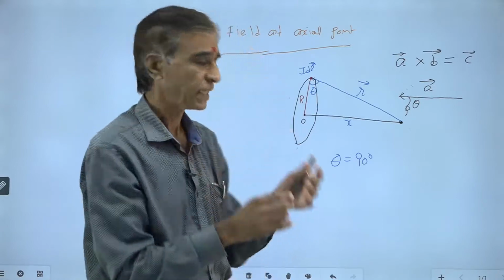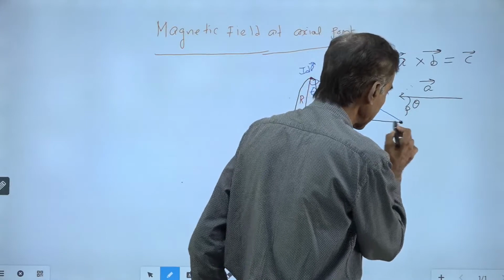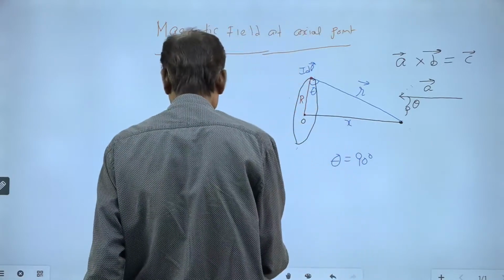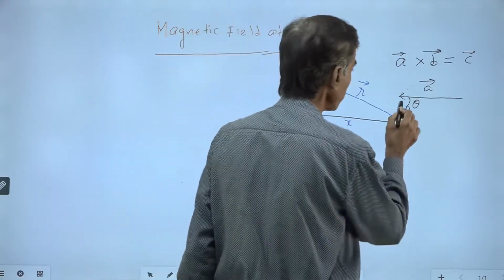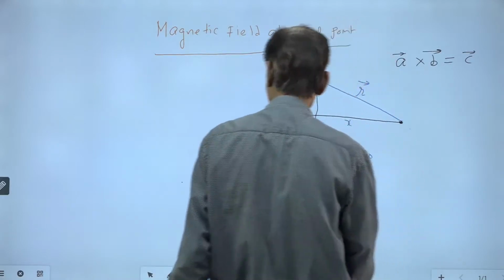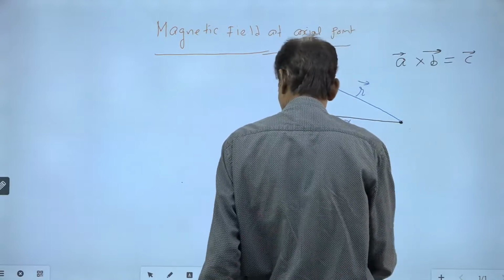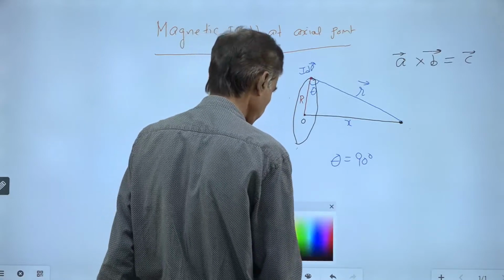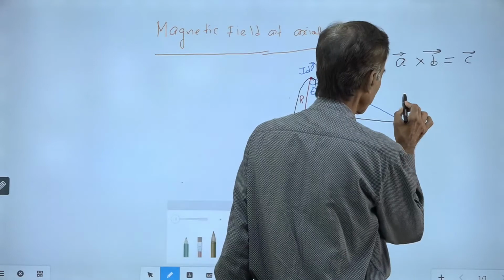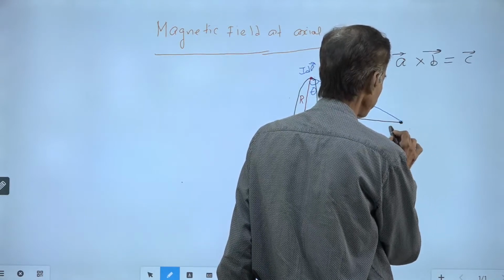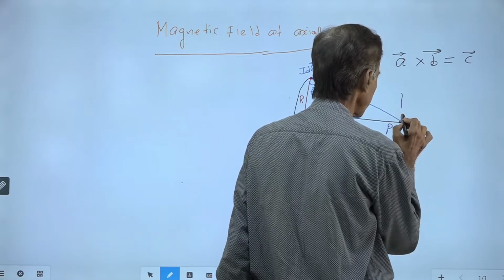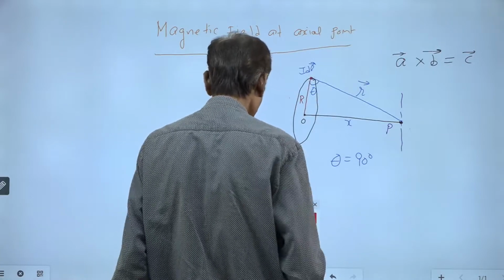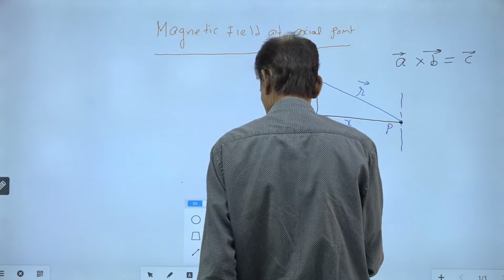It is not exactly perpendicular here, because it makes an angle with the x axis. Suppose this is the perpendicular we draw at the point P.